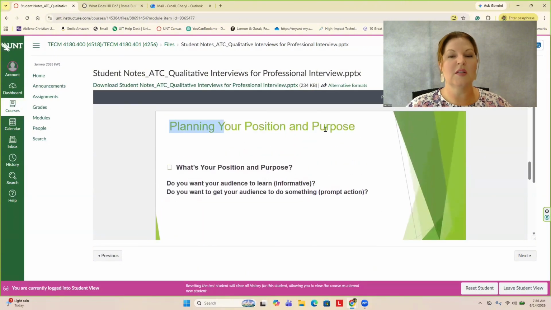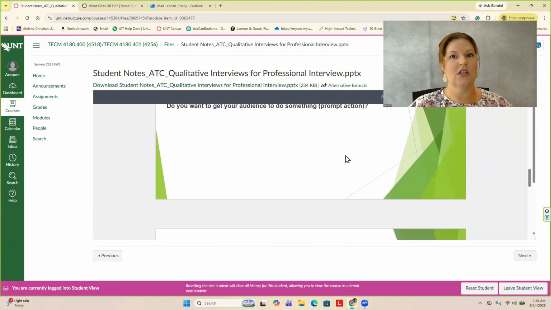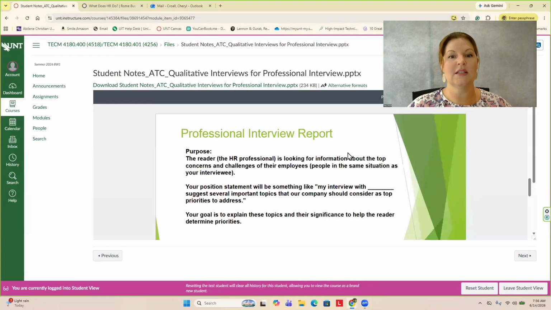Now, moving on, in the Spence method, he recommends having a position and purpose. So thinking about what we want this audience to know about our subject, and also what action we want them to take. Remember, this is decision-oriented communication. So here we have an example of what yours might be.